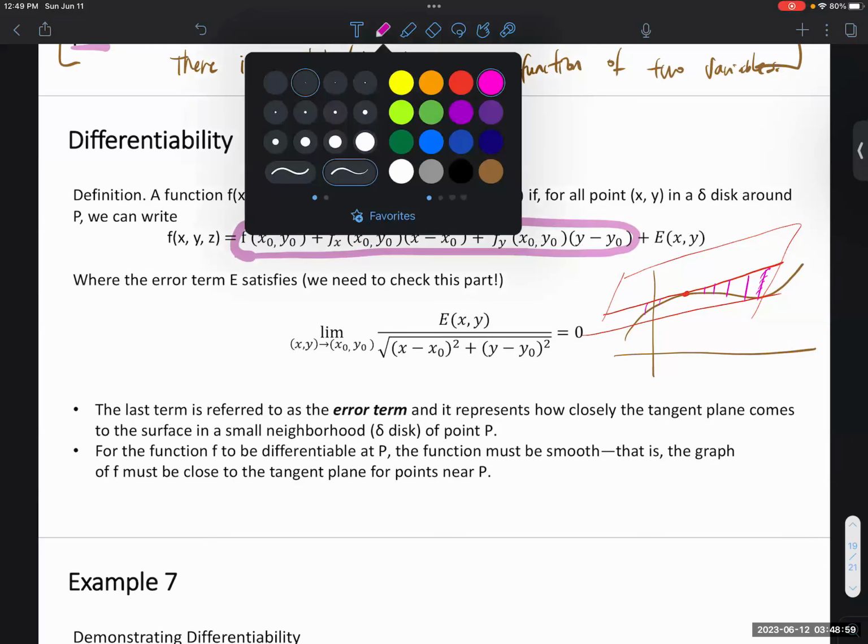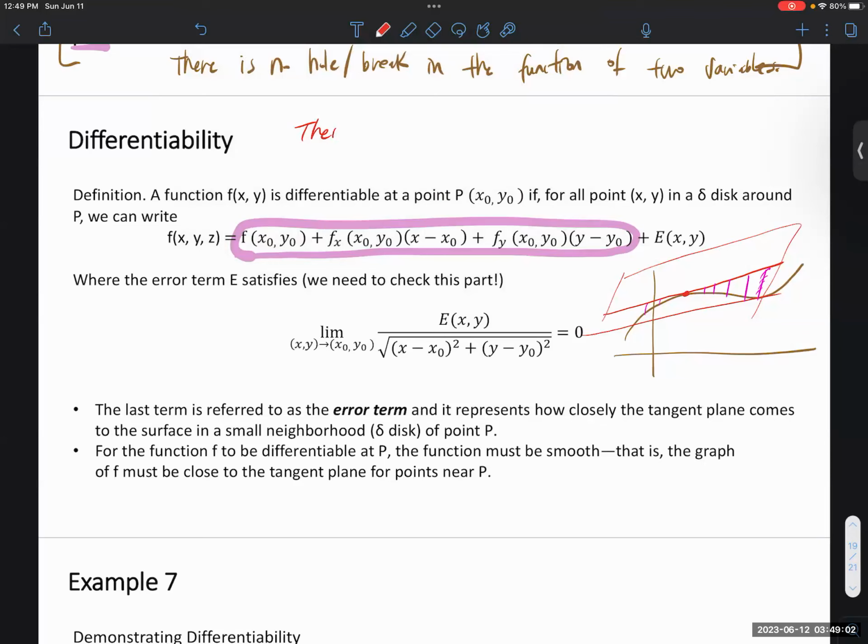And then we know that there is an error in the outcomes between the equation of tangent, or I'm going to say linear approximation, and the given function.